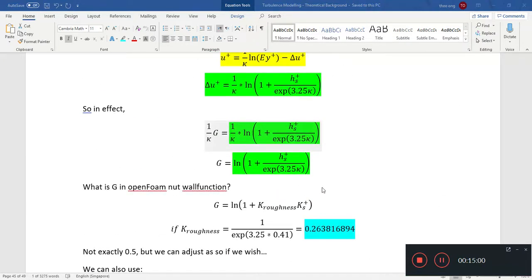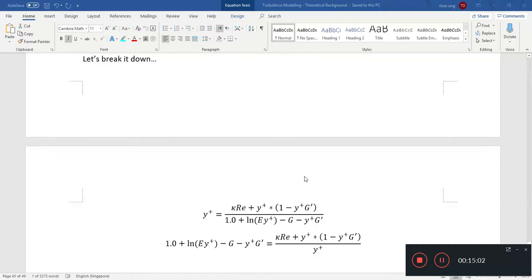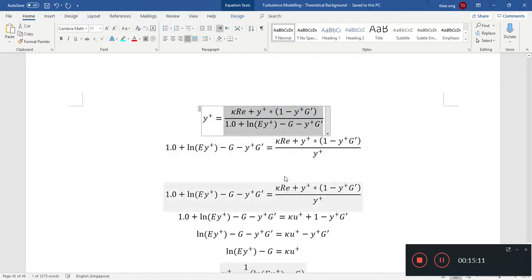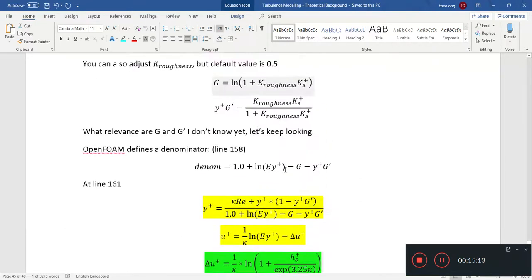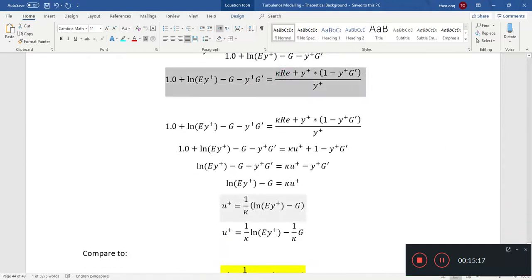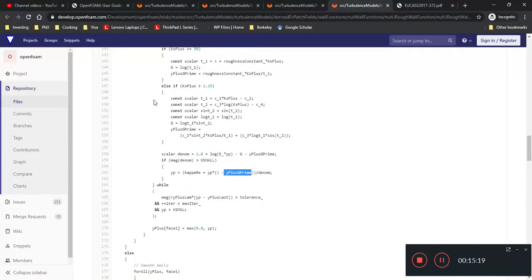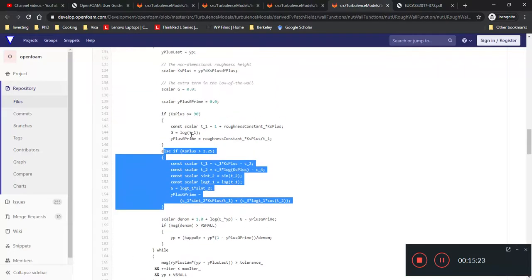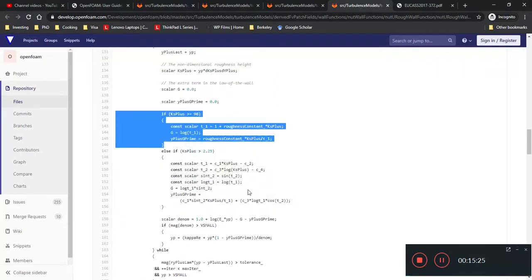So yeah, we see here this formula, y plus equals k Reynolds number times y plus blah blah blah over the denominator. This is the same whether we have Ks plus between 2.25 and 90, or Ks plus becoming more than 90.